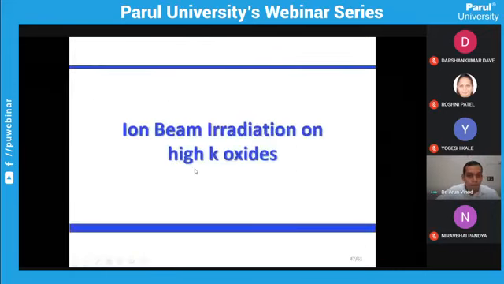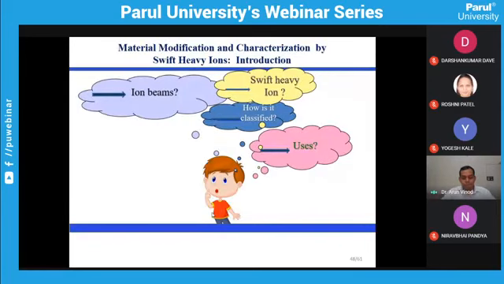Now the second topic is ion beam irradiation of high dielectric oxides. So what is an ion beam? An ion beam is a beam of particles, basically positive ions, with high energy, and its energy varies from a few keV to a few hundred MeV.